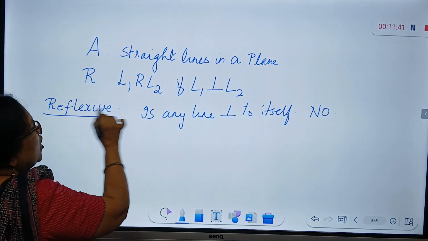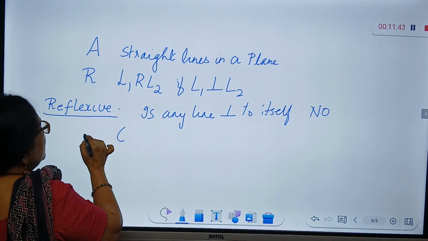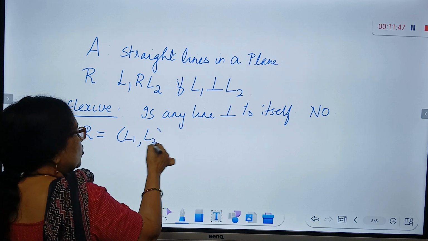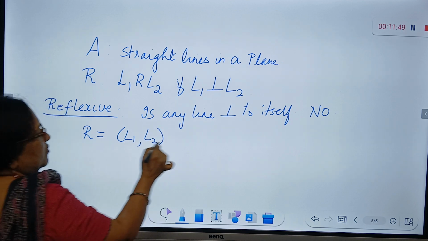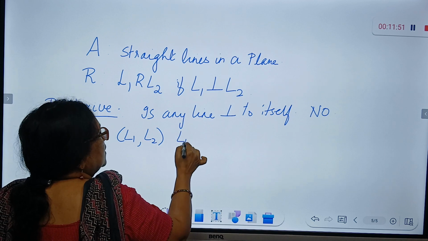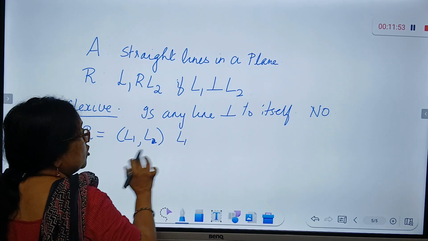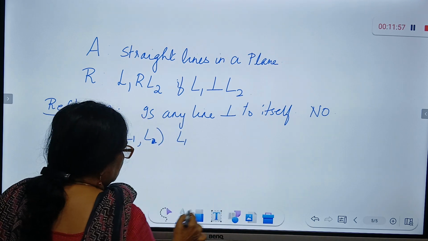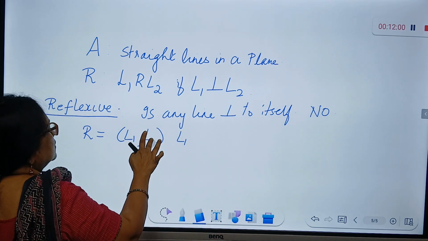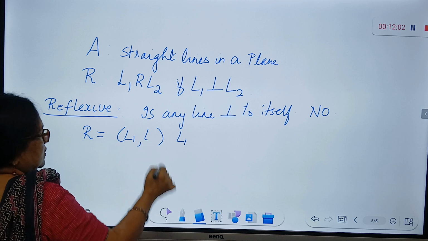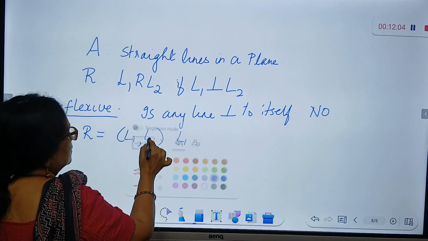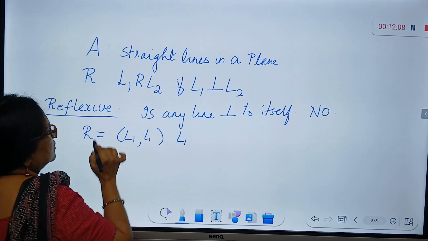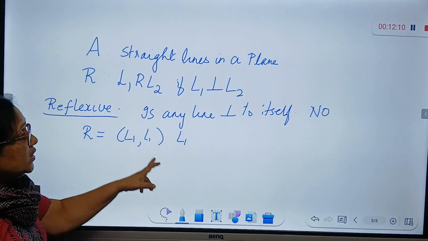So R will not contain pairs of the form (L1, L1). Does it contain (L1, L1)?